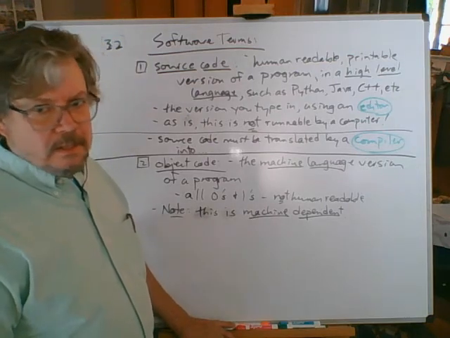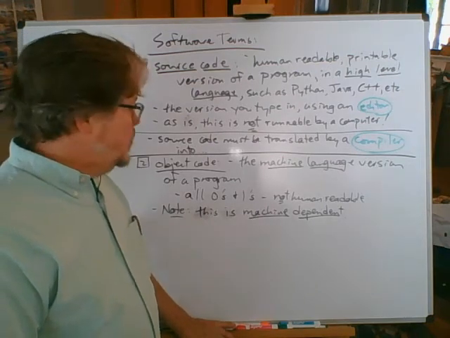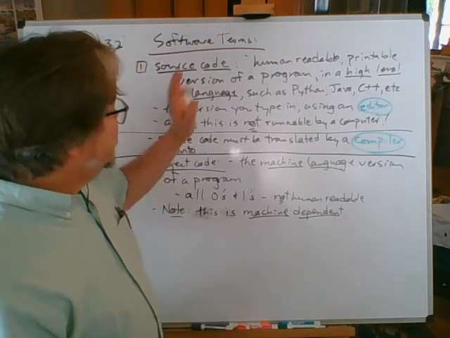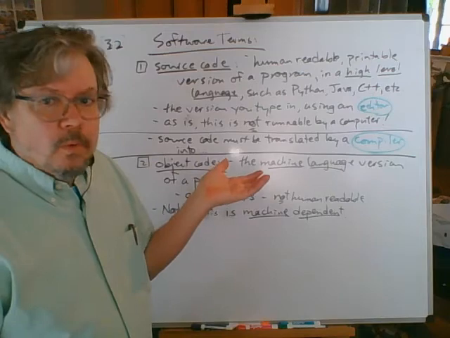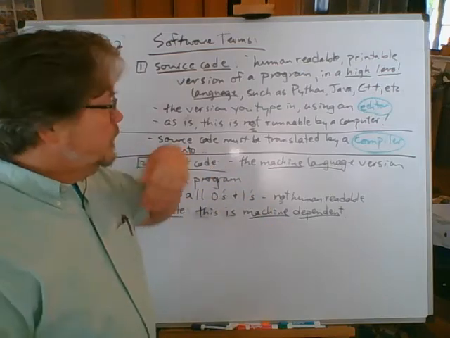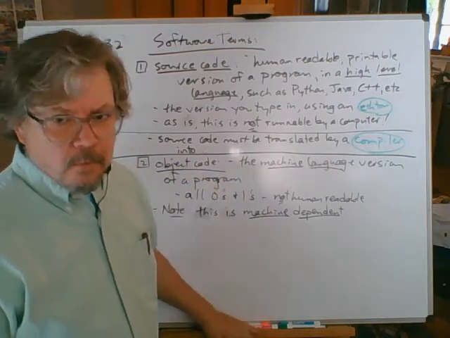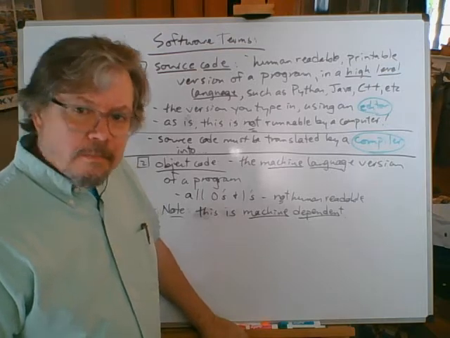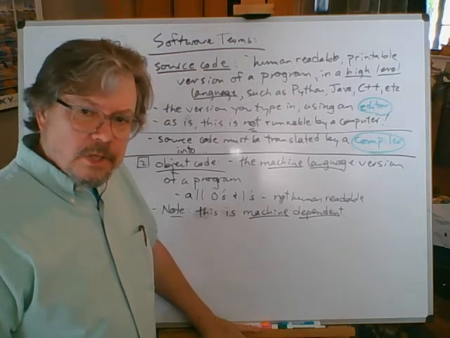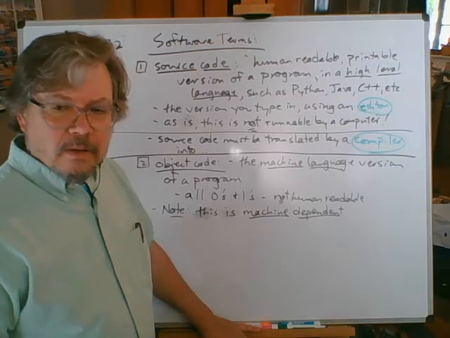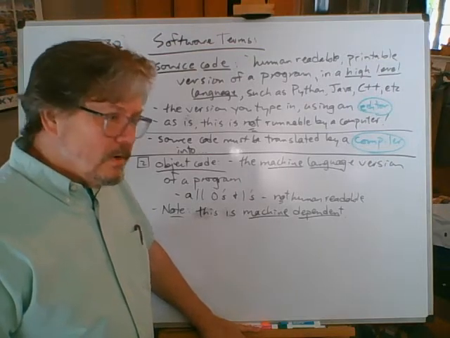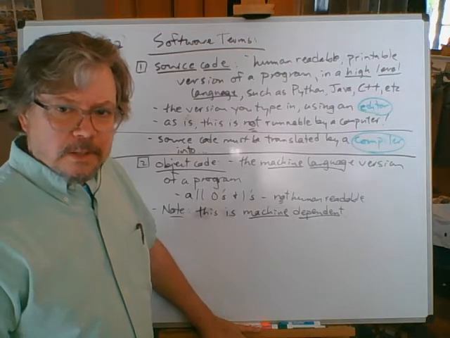They don't understand anything else. That's why when you get a compiler that translates Python into machine language, there'll be one compiler for a PC, for example, completely different compiler for a Mac, because the Mac doesn't understand the machine code of a PC, PC doesn't understand the machine code of a Mac, and there are other types of devices that have their very own machine code that nobody understands but them.